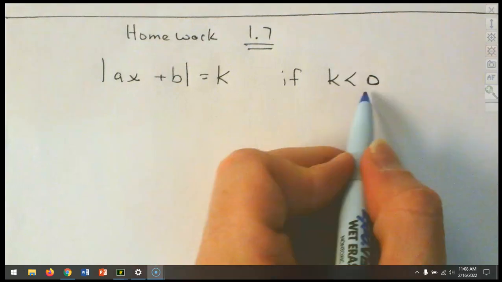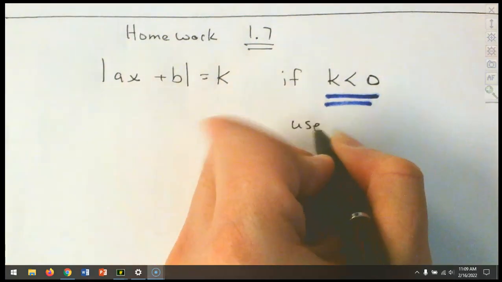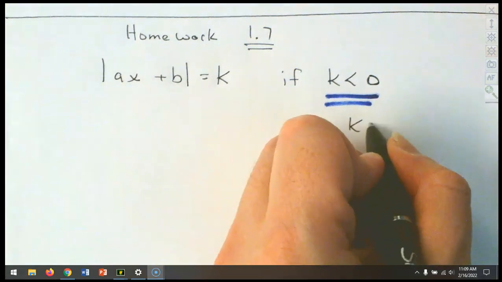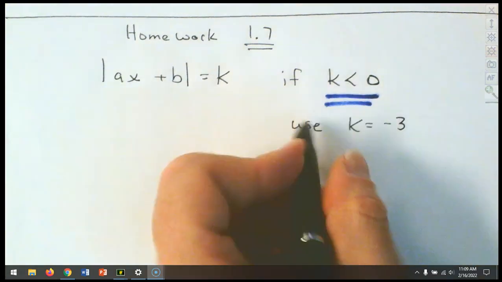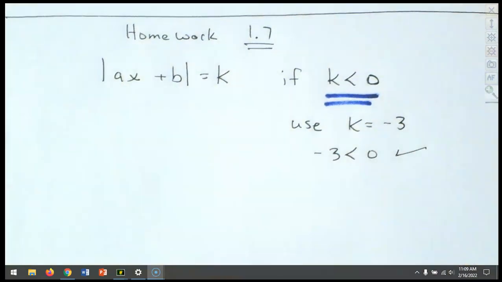And we're going to look right here at the condition. And what does it say? It says if k is less than 0. So let's pick a number that's less than 0. Doesn't matter what we use. Let's use k equals negative 3. Is negative 3 less than 0? Yeah. Okay. So we're going to use negative 3. You can use any number.